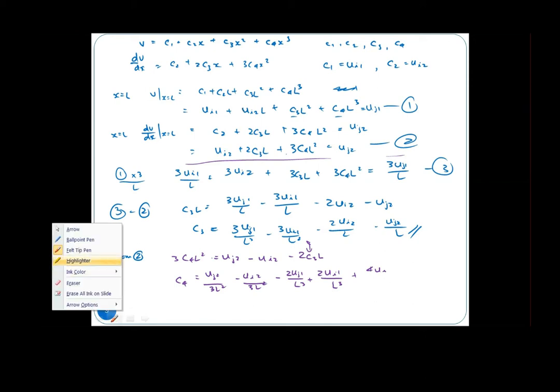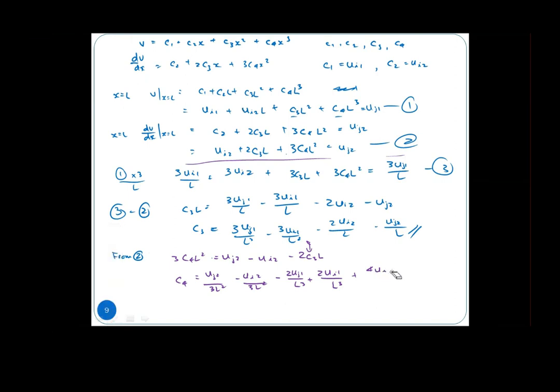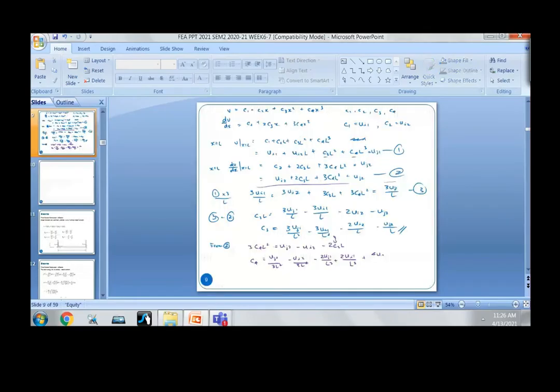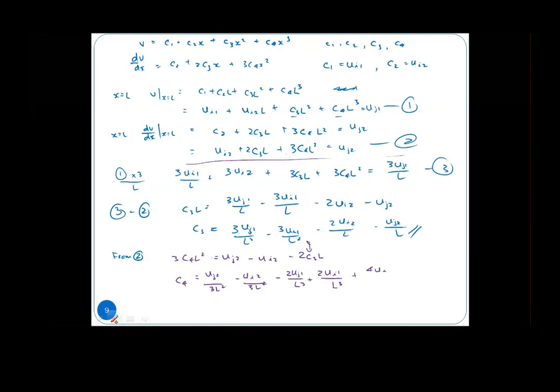Plus 2uj2 over 3L squared. So that is basically you rearrange everything. We can further reduce it.